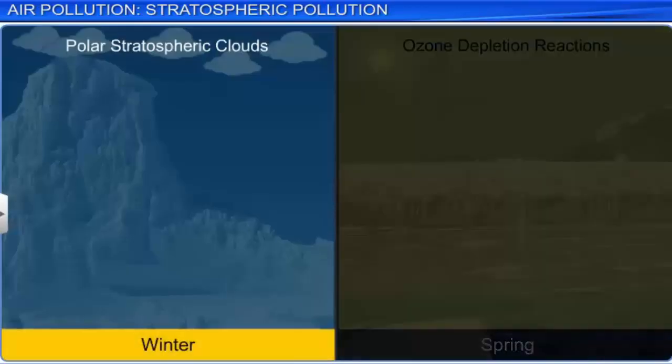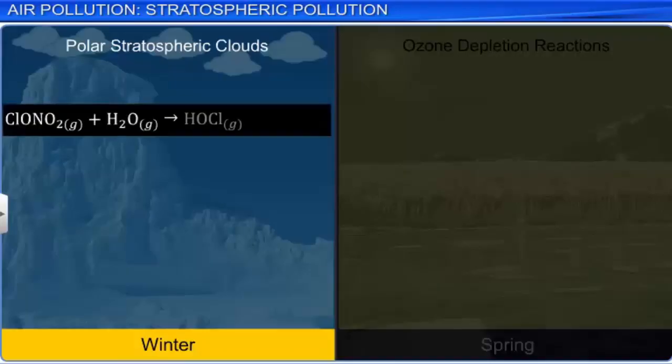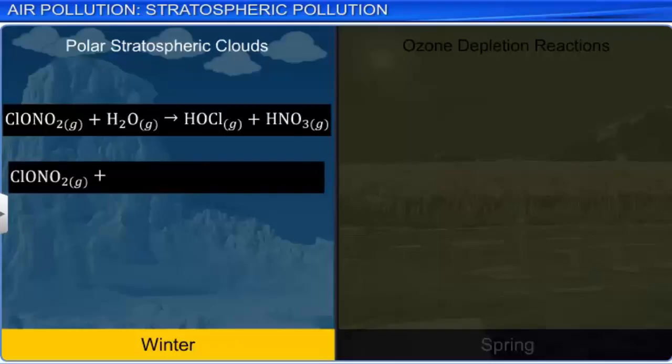In winter, the polar stratospheric clouds provide a surface by which chlorine nitrate hydrolyzes to hypochlorous acid and nitric acid. Also, chlorine nitrate reacts with hydrogen chloride to form chlorine molecules.